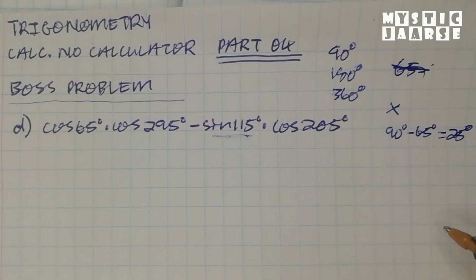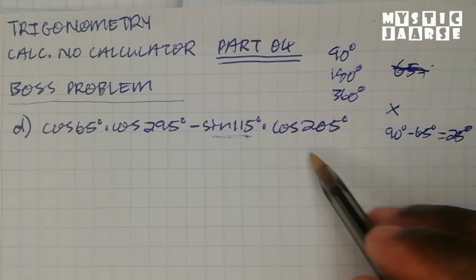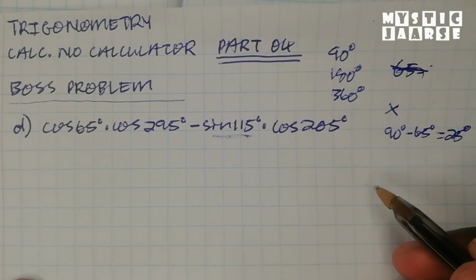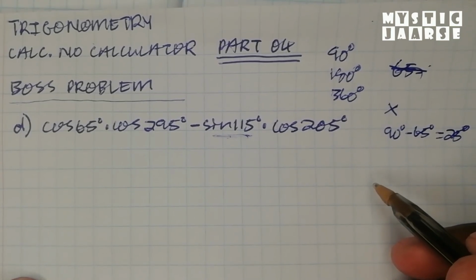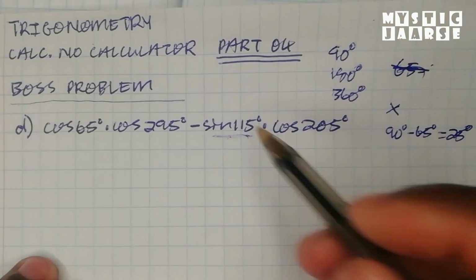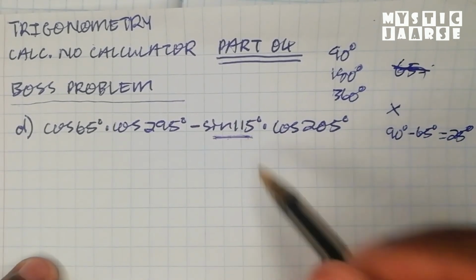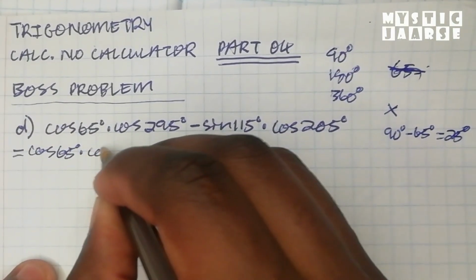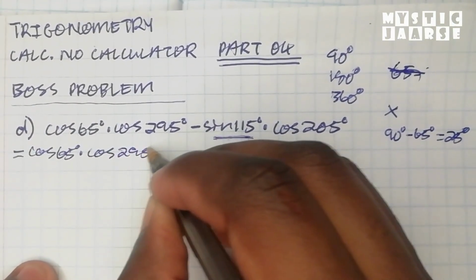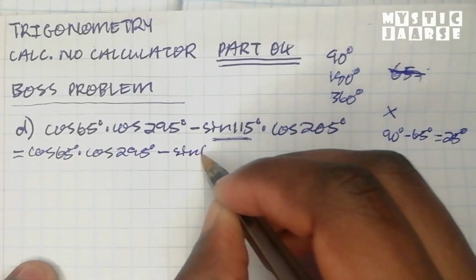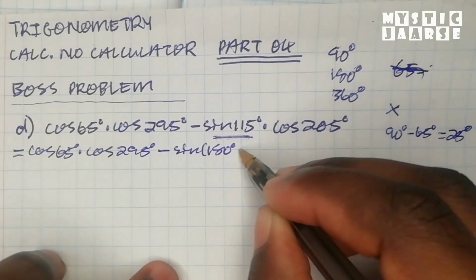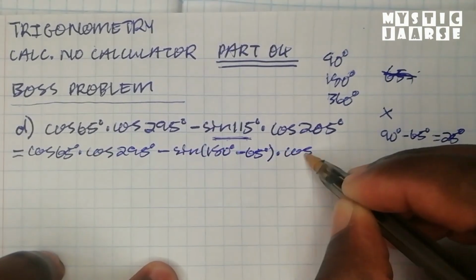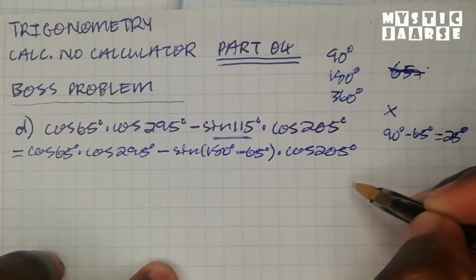So let's do whatever we can do. What about this angle, 205? Since I have talked about a lot of steps that we need to take, I have decided that we should take one step at a time. So let's reduce sine of 115 first. We have cos of 65 degrees multiplied by cos of 295 degrees minus sine of 180 degrees minus 65 degrees multiplied by cos of 205 degrees.